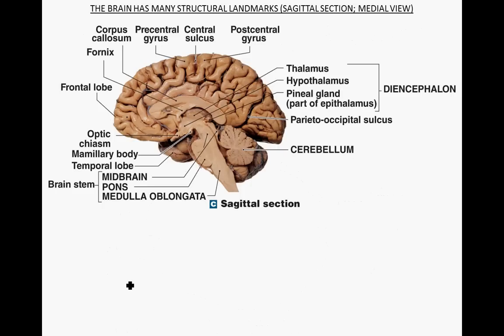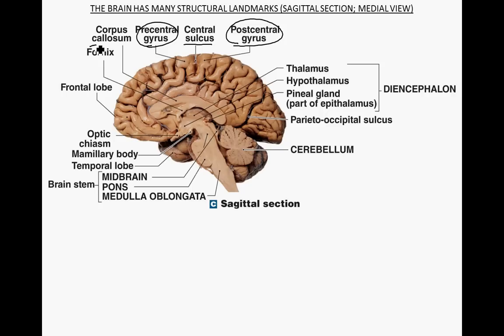If we take a mid-sagittal section through the brain, we are able to see here a medial view of the right hemisphere. And so we're able to first identify some things that we know. Here's this central sulcus, and the precentral gyrus and the postcentral gyrus. These are going to be important functional landmarks in a little bit.